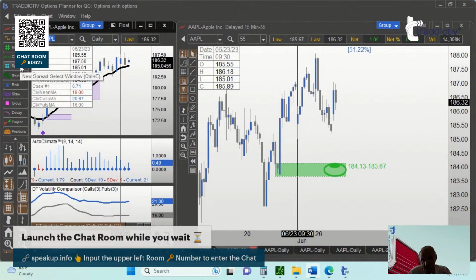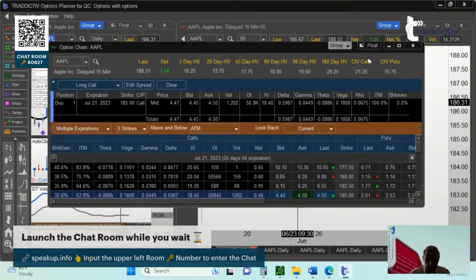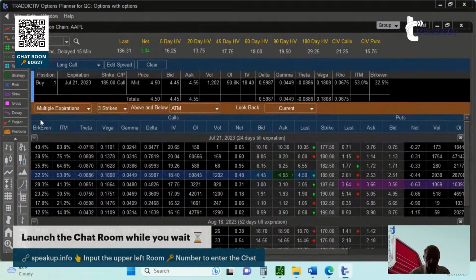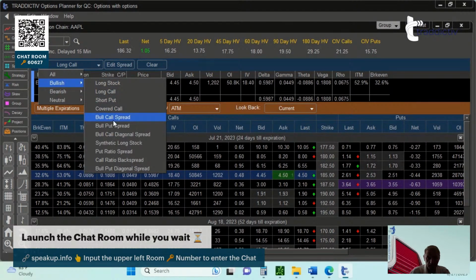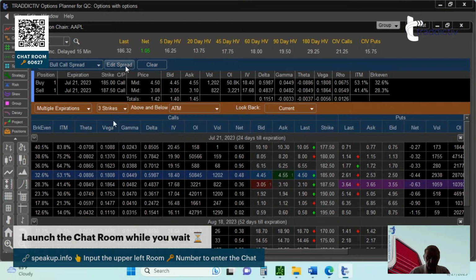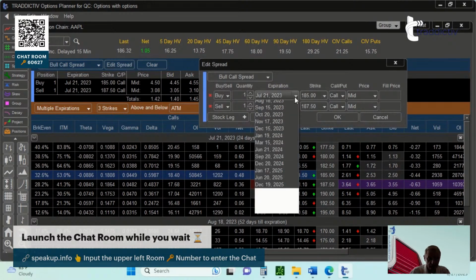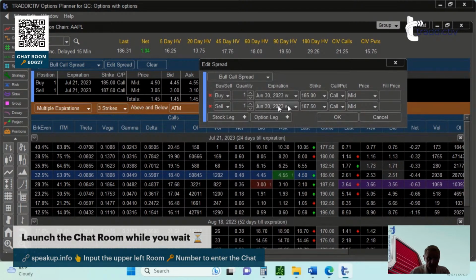I mean, you should understand both of them. Out of the money, my real driver unit, right? So I'm going to go over here where it says bullish, bull call spread. I'm going to make sure that I add it right away into the right month.